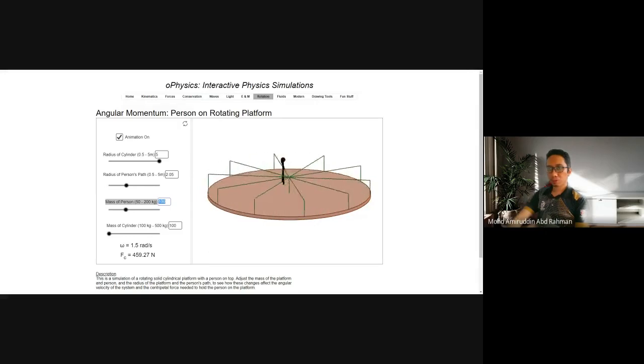When you move the person towards the center of the cylinder, we need to check what happens to the angular velocity. What happens to the moment of inertia? And if the moment of inertia increases, what happens to the angular velocity? Just try to change that.